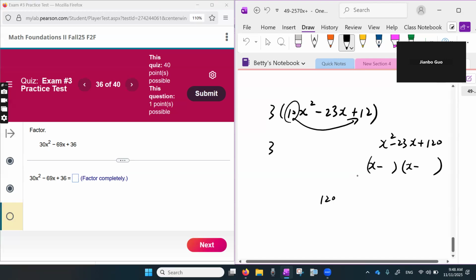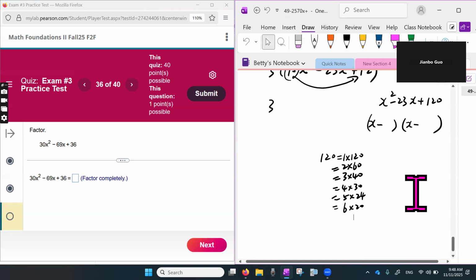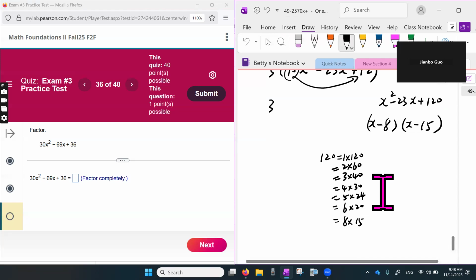So we're going to try this process. 5, 24, 6, 20. 7 doesn't work. 8, 15. Okay, 8, 15. All right, there we go. So negative 8, negative 15 multiply to 120 and add up to negative 23, right?